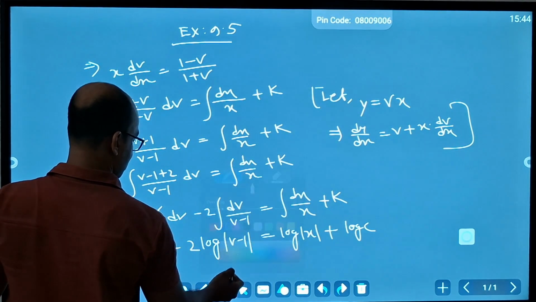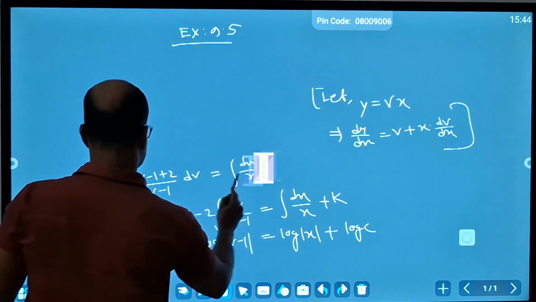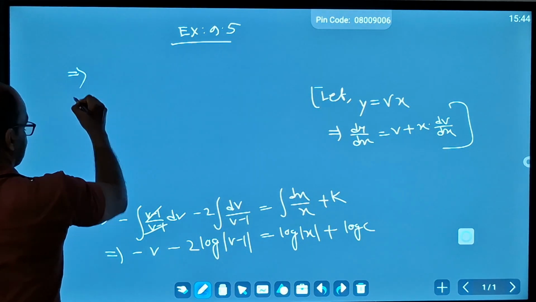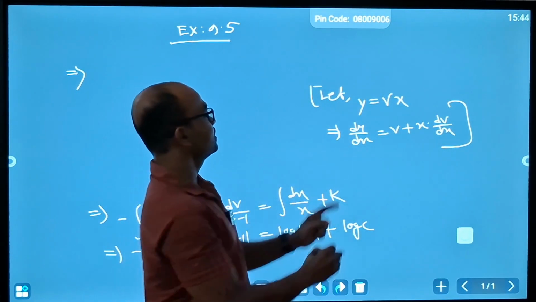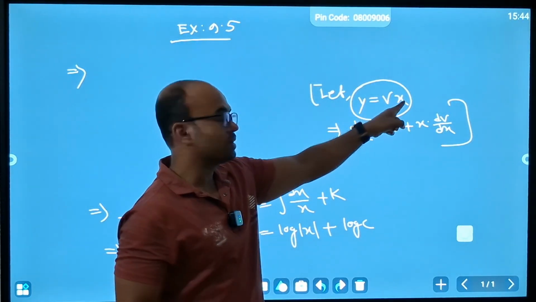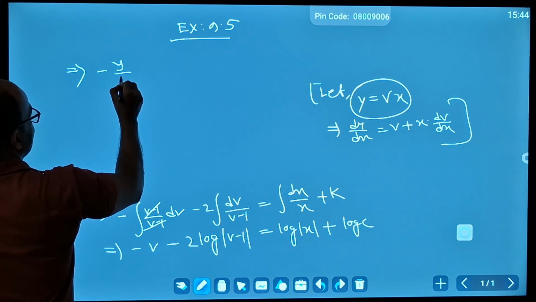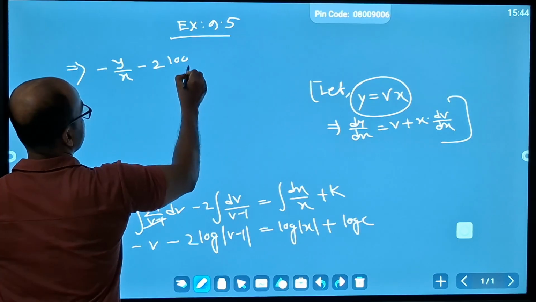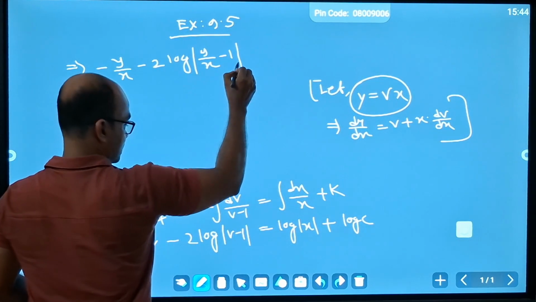Now we replace v using v equal to y by x. So replacing v, minus y by x minus 2 log of (y by x minus 1).